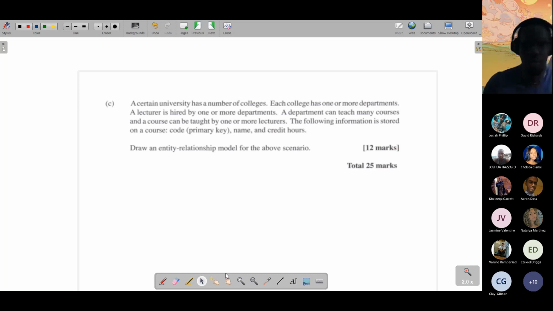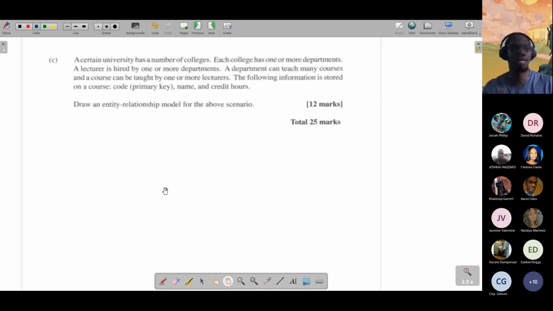So we have a certain university. This is a nice, simple one. I always find that the entity relationship diagrams in computer science tend to be what I consider easy marks.